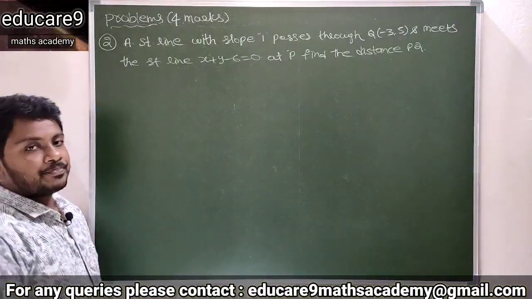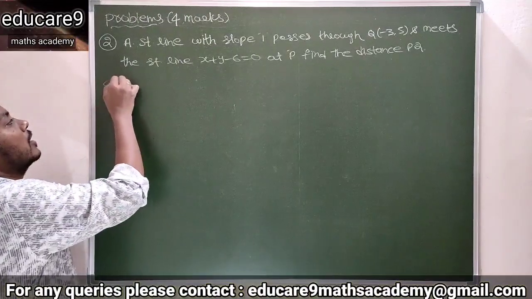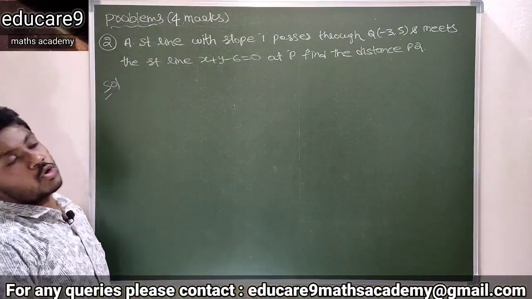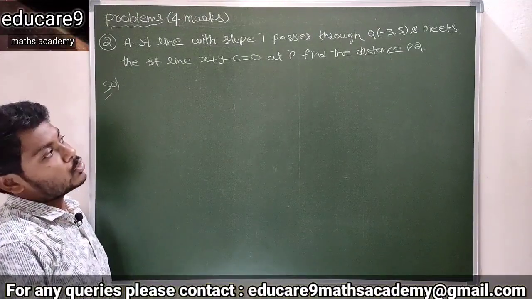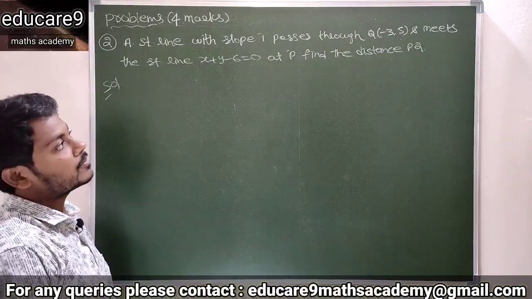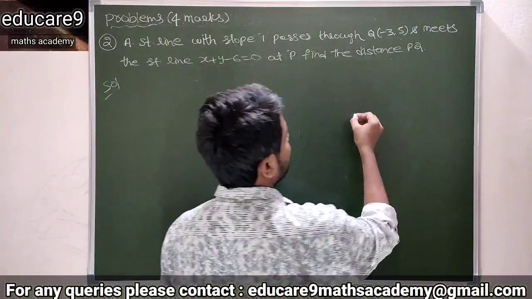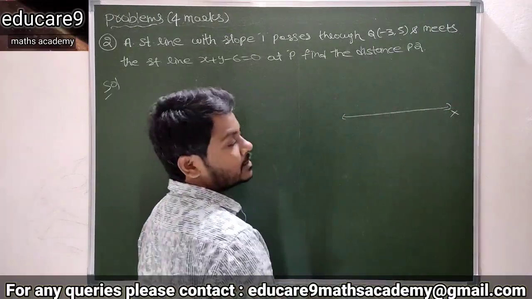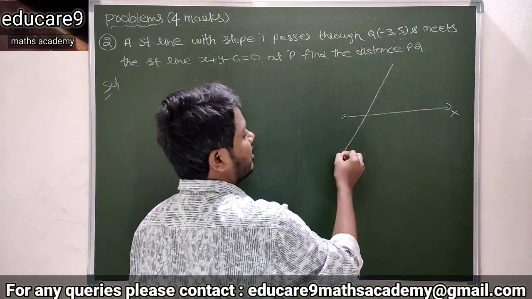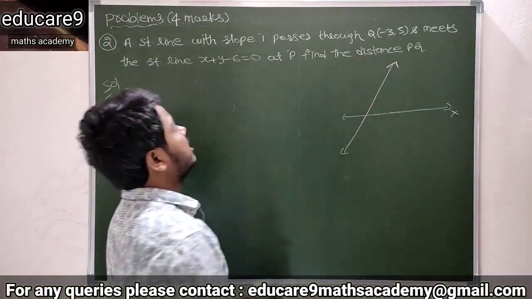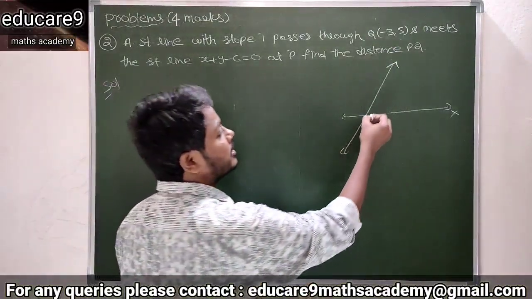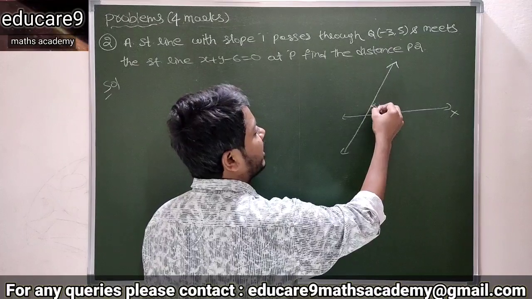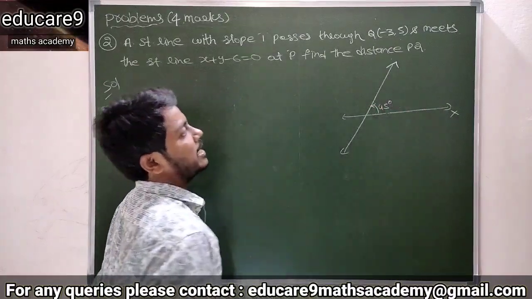Okay, see the second one. A straight line with slope 1 passes through the point Q(-3, 5). This is the x-axis, and here this is the straight line. This straight line having slope 1 means the line makes an angle of 45 degrees with the x-axis.